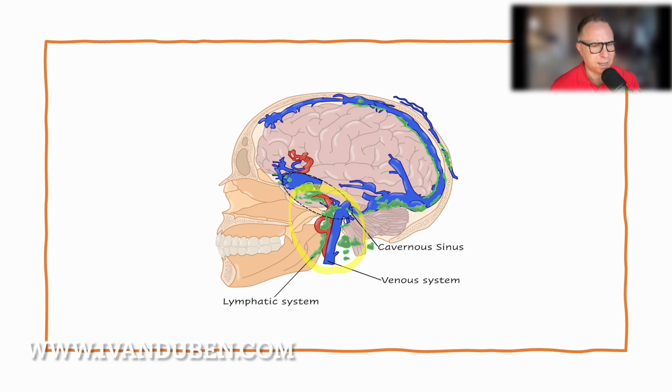So we have this dynamic where there's a flow of blood that's coming in and lymph and blood that's coming down.